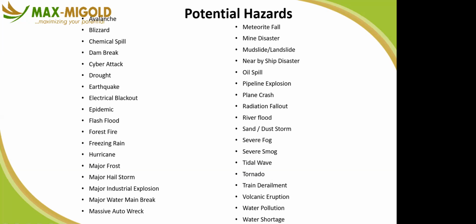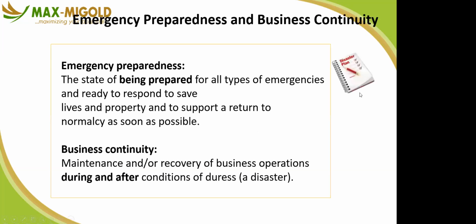Next slide, please. Like I said, this is just a list of accidents that can happen in your workplace. It doesn't mean that there are no other things. Please look for every other one and capture it. Preparedness means a state of being ready, being able to go immediately.